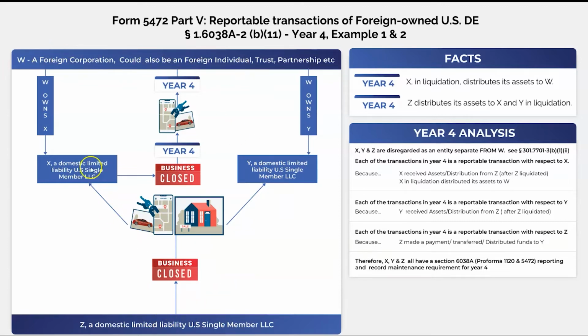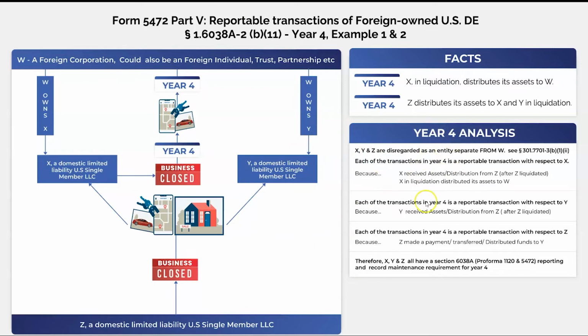If you look through the structure, because these are so transparent, you can see that it's actually W that owns Z and not X and Y. For the purpose of the tax laws, we have disregarded X and Y, so they cannot have a partnership. That's why the IRS says that X, Y, and Z are also disregarded entities.